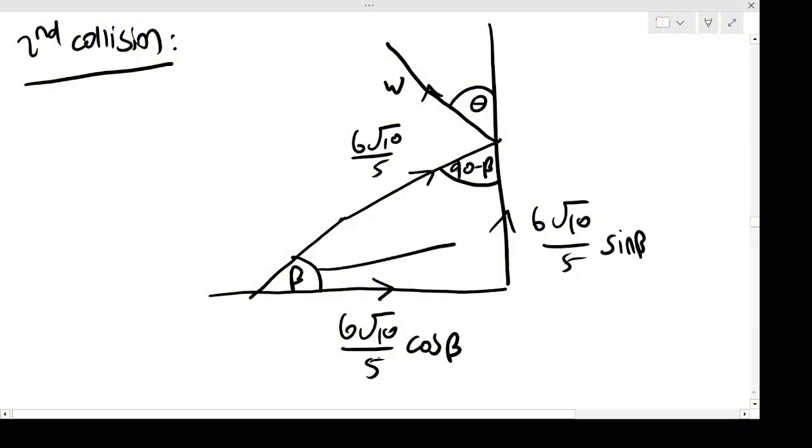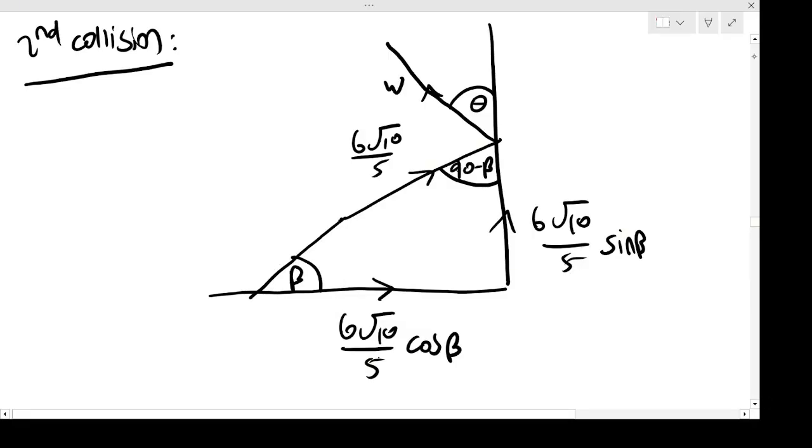Again, sine because it's opposite facing the angle beta. Whenever possible, I want to avoid using the angle 90 minus beta. It makes things a little bit more awkward, because then I would have to use the addition formula, which I went over at the start, to simplify it down. But you should get the exact same components that I've got here. So it just cuts down on the working if I consider using beta here. So anyway, those are my components.